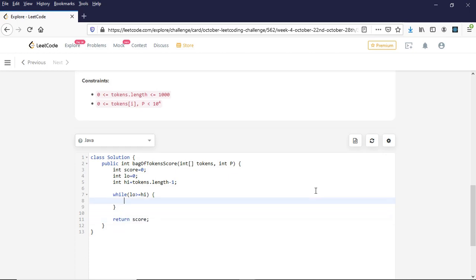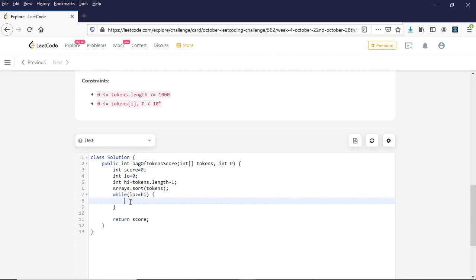So here in this while loop, what we'll do is first we have to check if my p value, that is this value, is greater than or equal to the lowest value in the token. Now since the token is not sorted, first thing that we'll have to do is sort the token before the while loop. So arrays dot sort tokens.